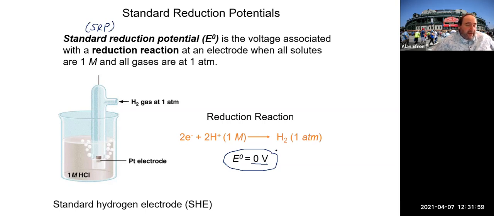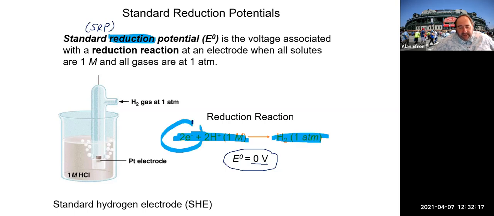Now, there's an importance to this name, SRP, which stands for standard reduction potential. What that means is when we do these SRP equations, they are all written as reduction reactions, electrons on the left-hand side.